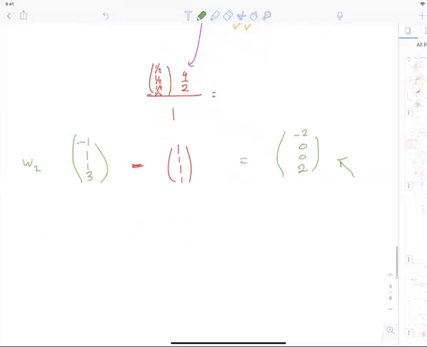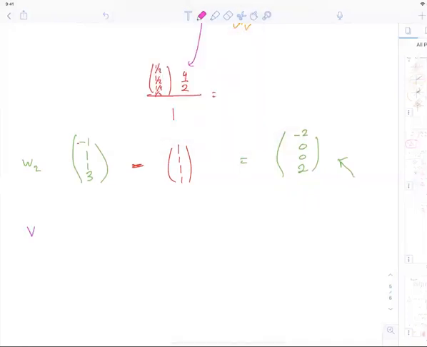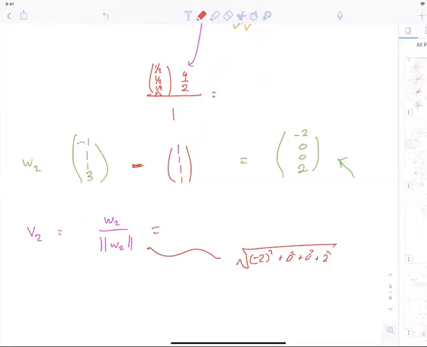To find our V2, we're just going to divide that vector by its norm. This norm is just the square root of minus 2 squared plus 0 squared plus 0 squared plus 2 squared, just the sum of the entries squared, square rooted. In this case, that's square root of 8, or 2 square root of 2.